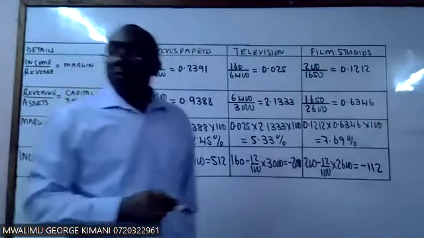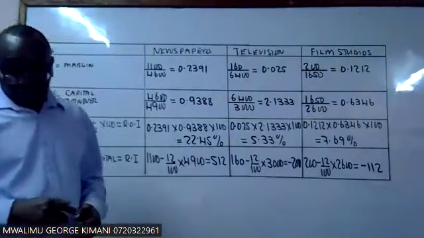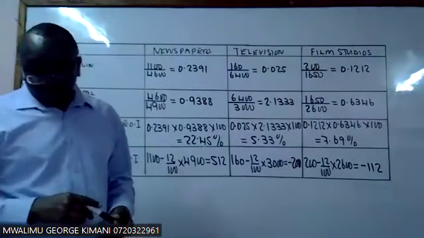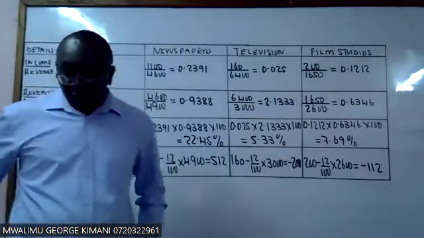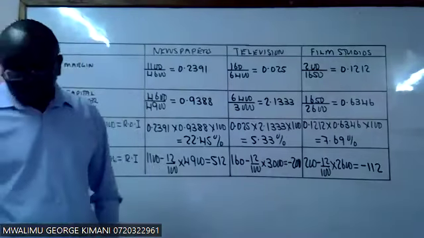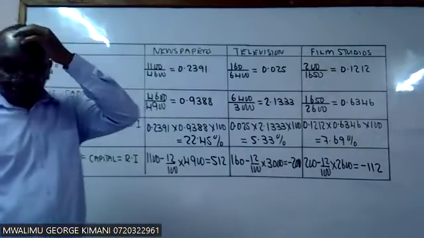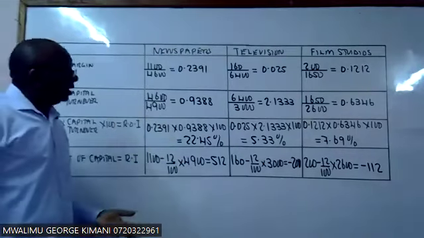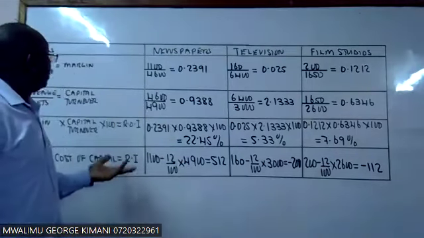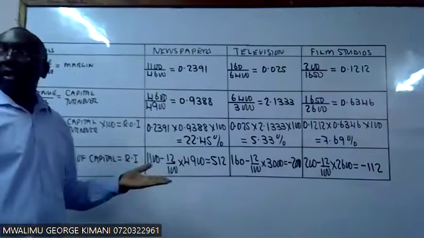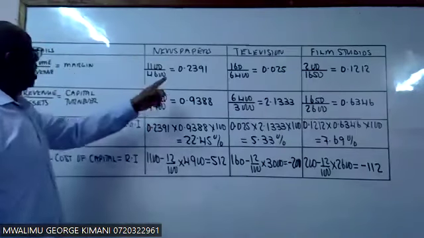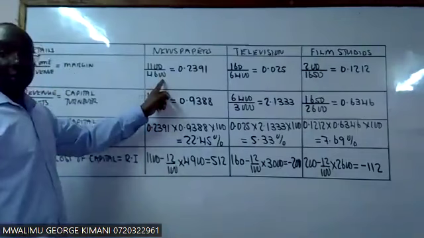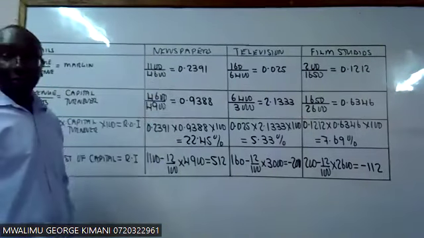So that is how you compute those measures. So part A, they had said use the DuPont method to explain the differences among the three divisions. Yeah, so you can see the differences. And if you want to interpret, this is the revenue expressed in terms of the profits.